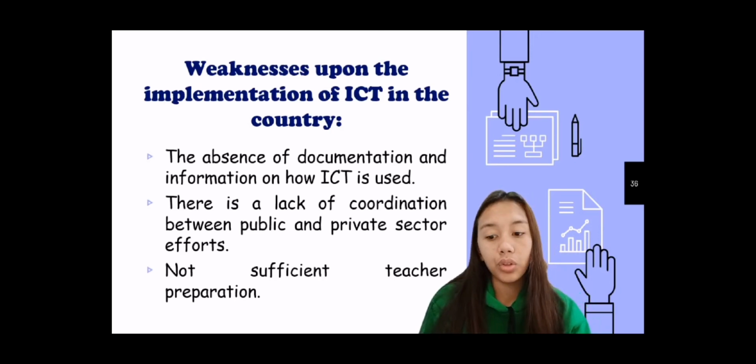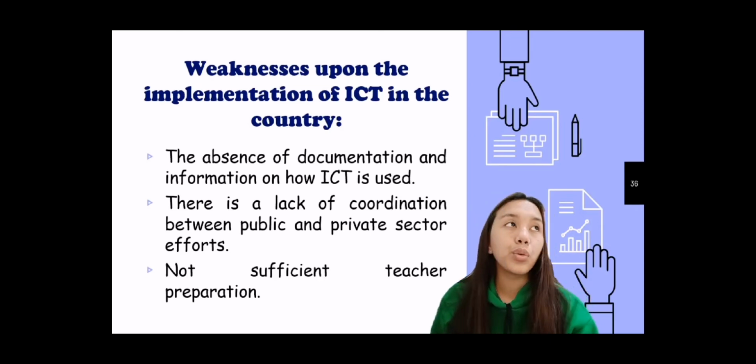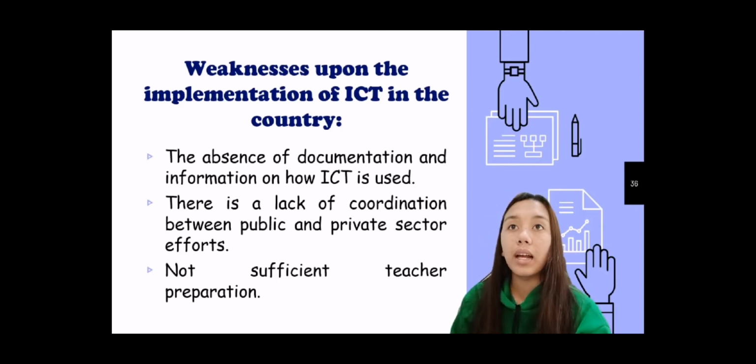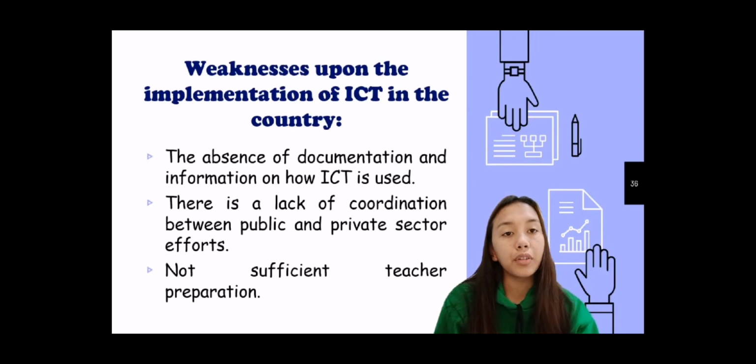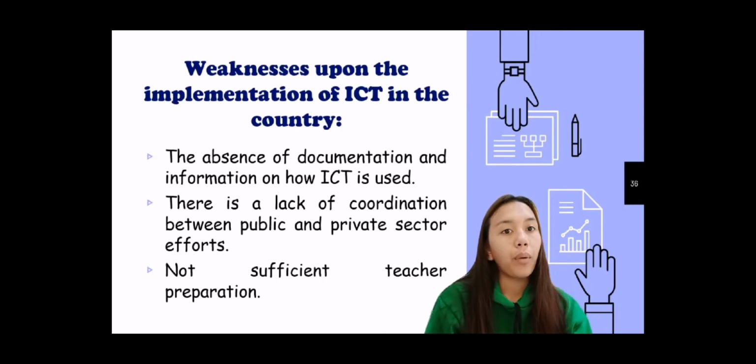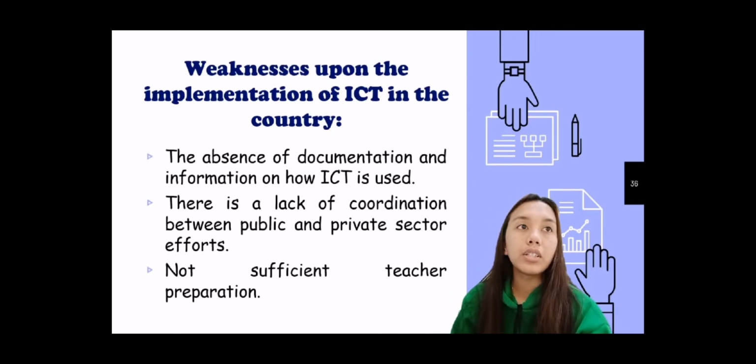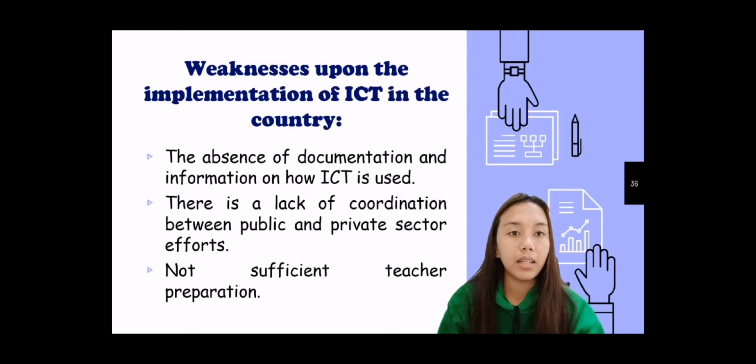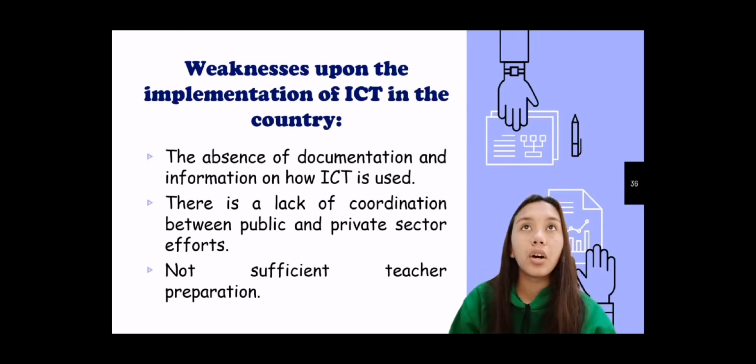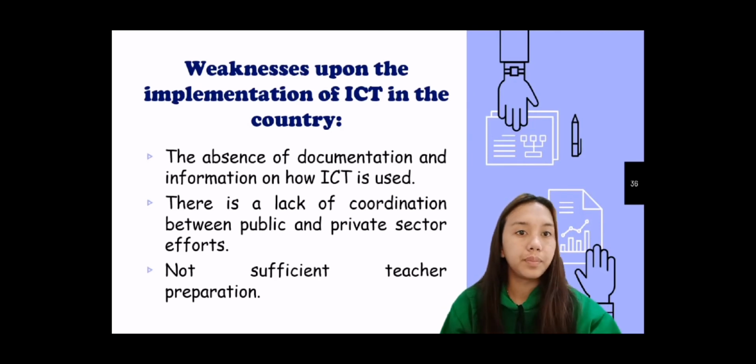The first issue, or the weakness rather, the absence of documentation and information on how ICT is used, is more likely to be an issue particularly in schools or places that are located in isolated or rural areas, schools that are far from the city, where internet connectivity or internet connections are very limited. Thus, their knowledge on ICT was also limited.